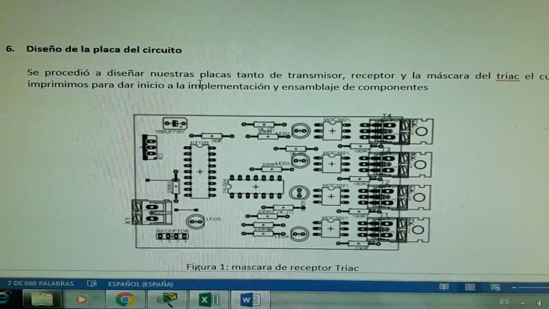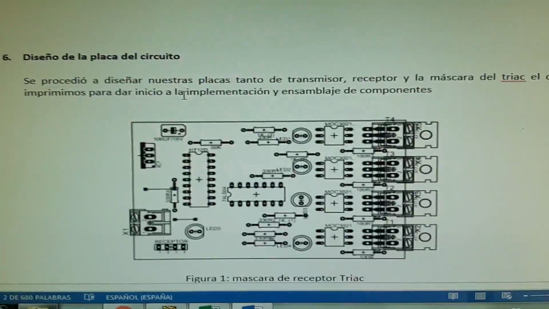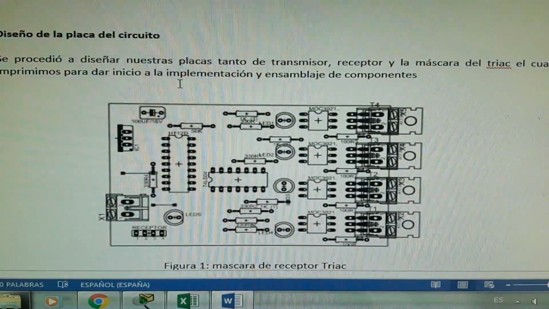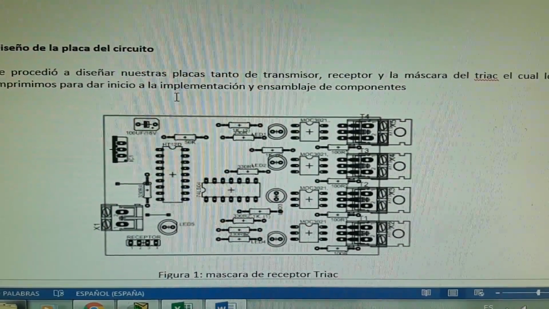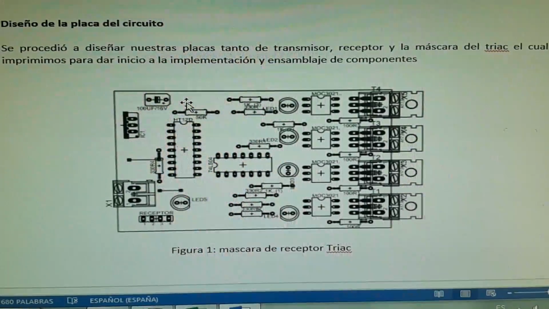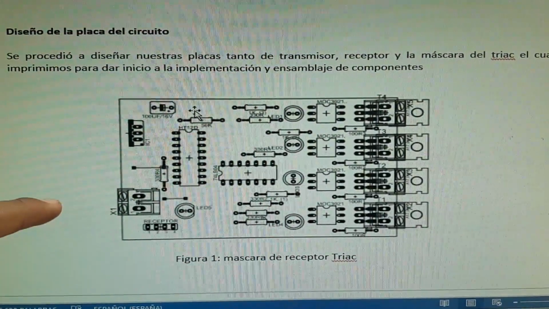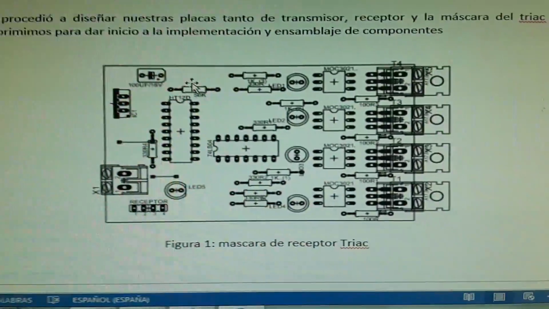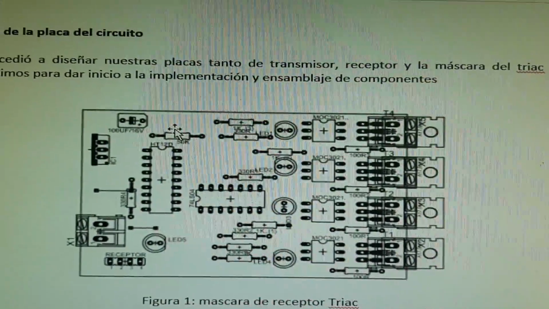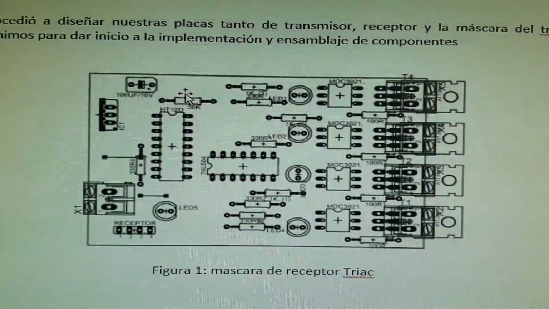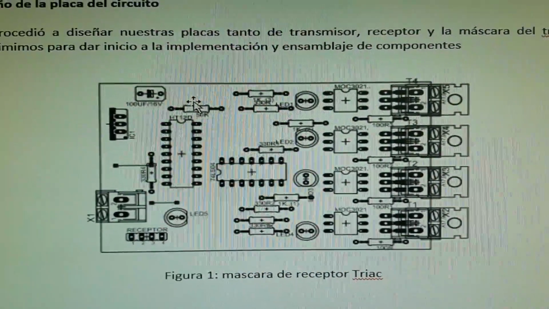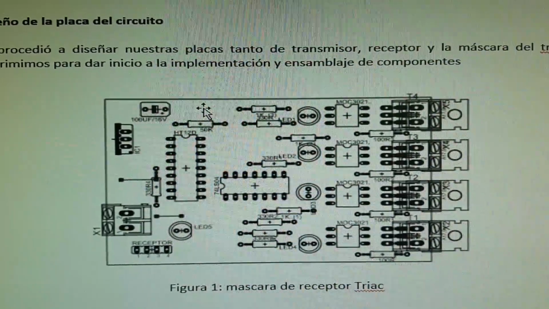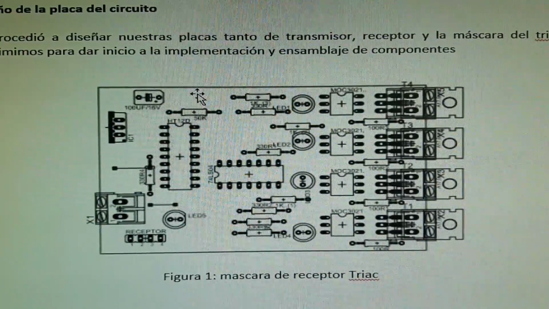In the design of plates of circuits, first we designed the plates in Eagle program. Here is the max of the receiver triac. First, here the max of the receiver triac.